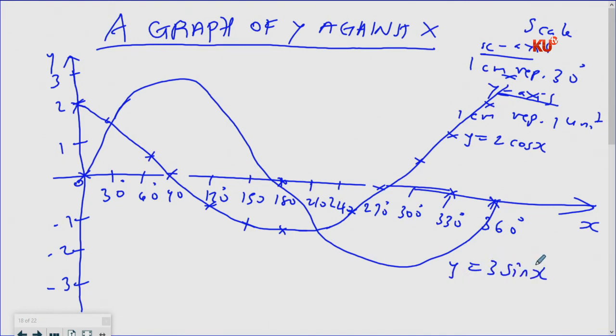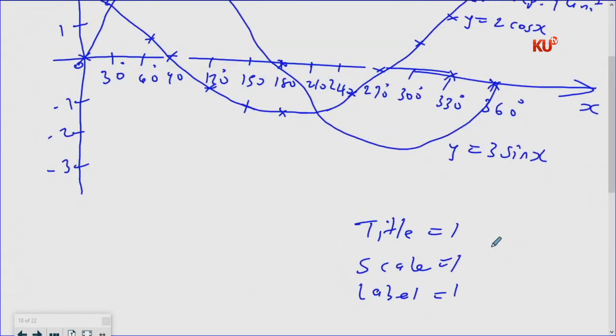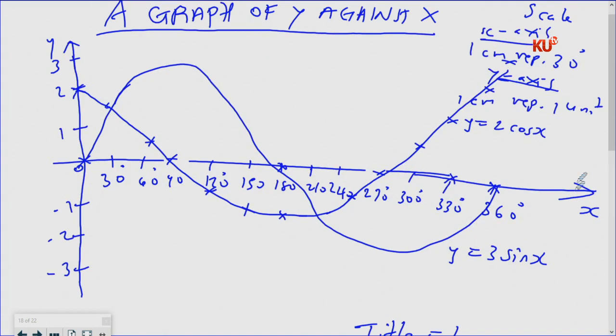So here, learner, you will get 1 mark for the title, 1 mark for the scale. You also have 1 mark for labeling. For you to label, you just say y-axis, x-axis, and it must have an arrow there.